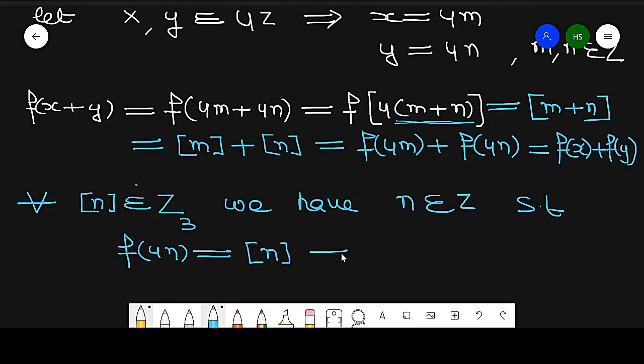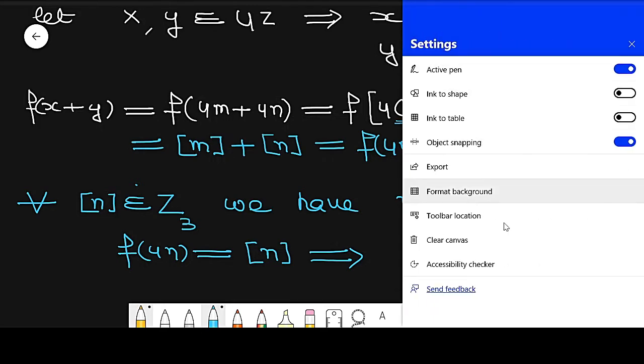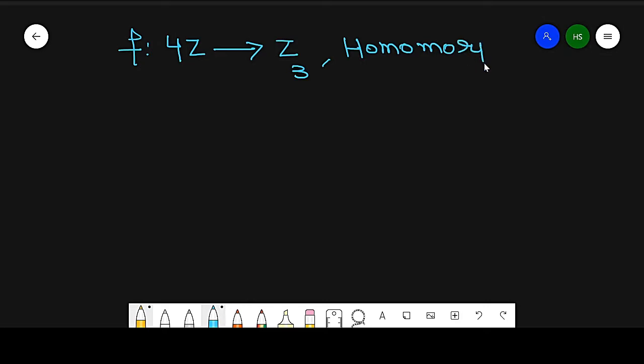So it means f is onto. So it is a homomorphism and onto. So it satisfies all the properties of the fundamental theorem of homomorphism. So what we get is f mapping from 4Z to Z3. So this map is a homomorphism and onto.